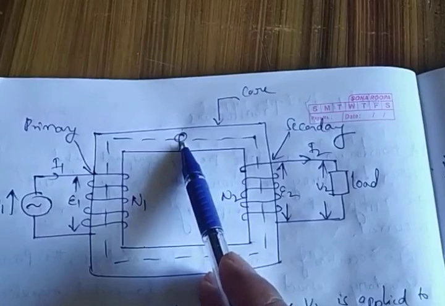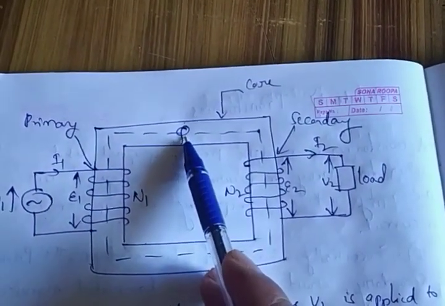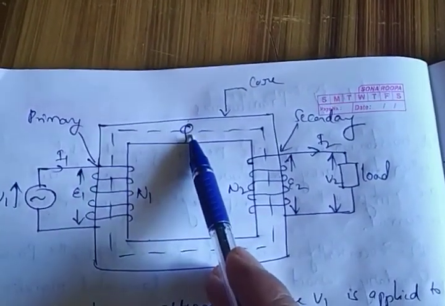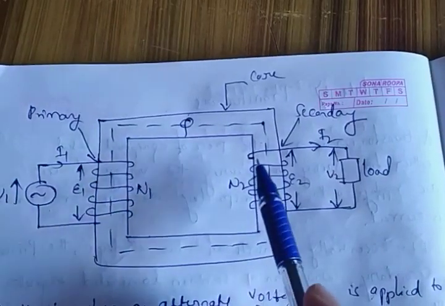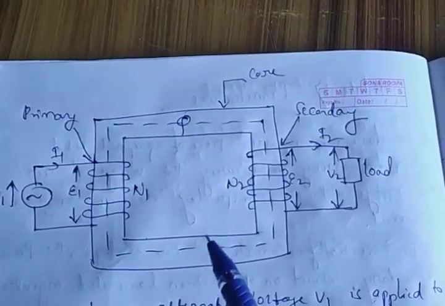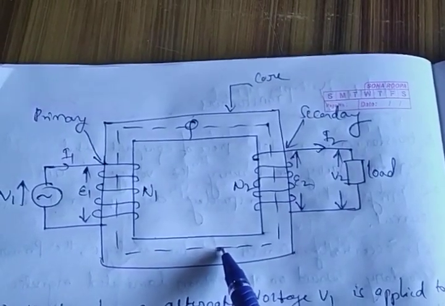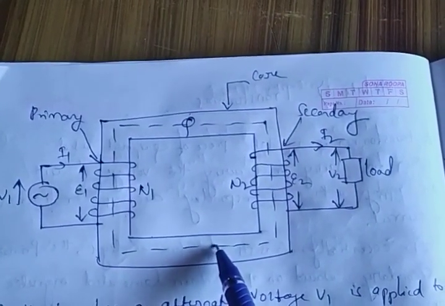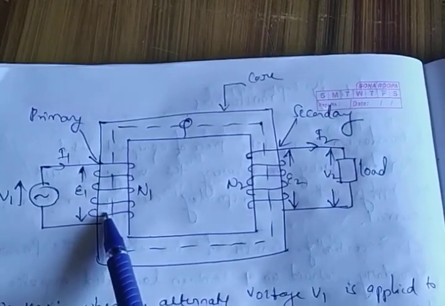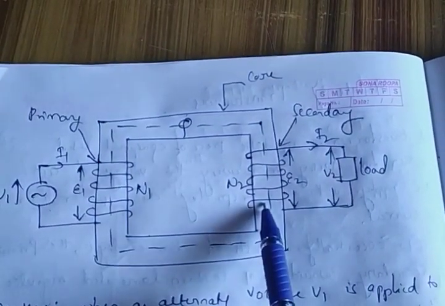And this phi indicates the main flux which is linking both primary winding and secondary winding. This is also called the common magnetic flux path, which links both primary and secondary windings.